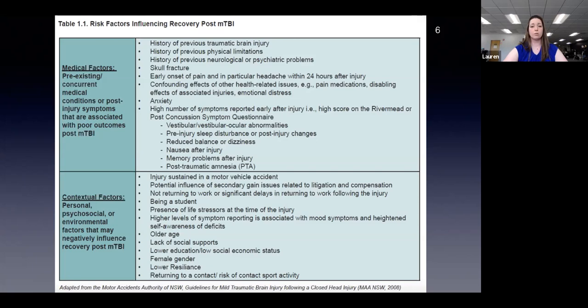However, females are more likely to report it and to report their symptoms. So men are going to be more likely to get a concussion, but we will likely see more females just because they will report their symptoms, whereas men are more likely to just brush it off.